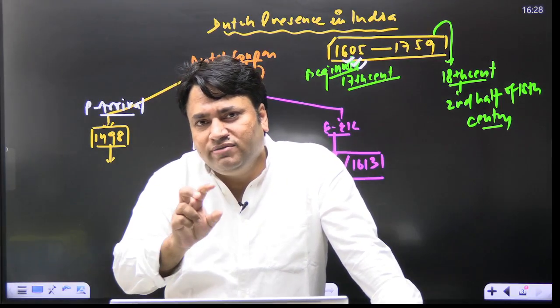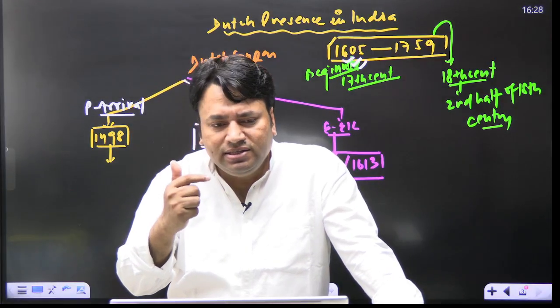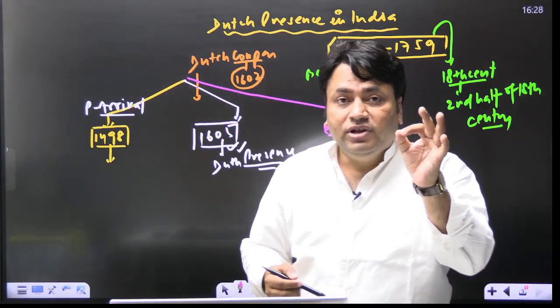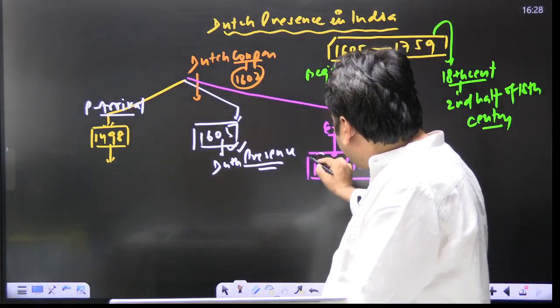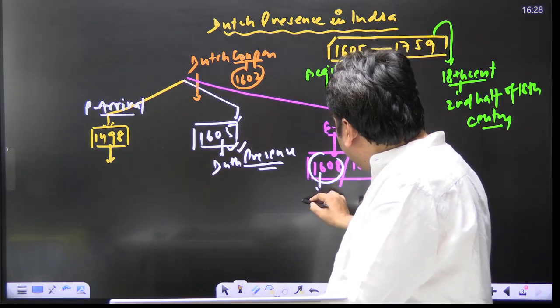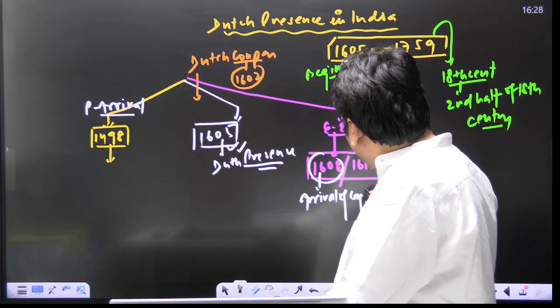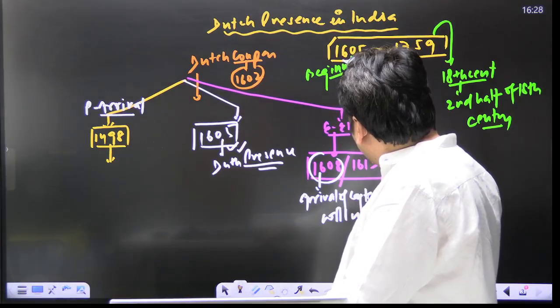We have all studied in our general studies that 1608 was the year when Captain William Hawkins arrived at Surat. So 1608 marks the arrival of Captain William Hawkins at Surat.